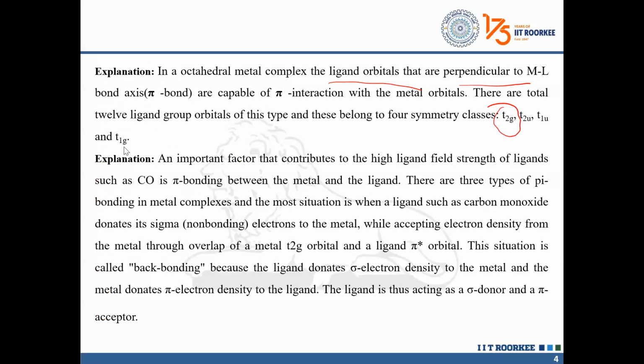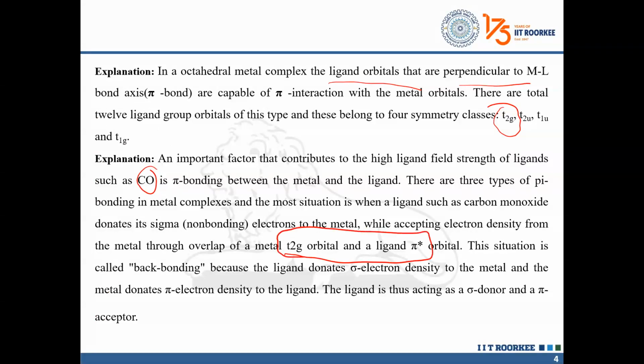An important factor that contributes to the high ligand field strength of ligands such as this sigma donor pi acceptor is pi donation between the metal and ligand. There are three types of pi bonding in metal complexes, and the most common situation is when a ligand such as this is a sigma donor pi acceptor ligand. It accepts electron density from the metal through overlap of a metal T2g orbital and an antibonding orbital.